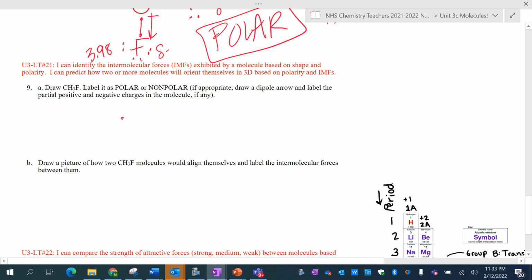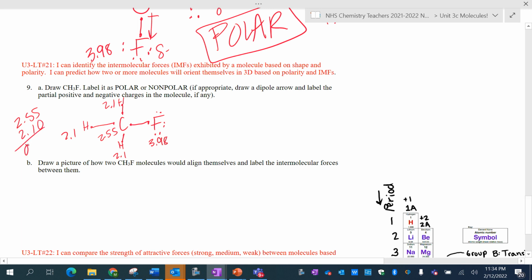Okay, draw CH3F. Label it as polar or nonpolar. If appropriate, draw a dipole arrow and any partial charges. Carbon is 2.55. Fluorine is 3.98. Hydrogens are just 2.1. So there's only a 0.45 difference between them and the carbon.